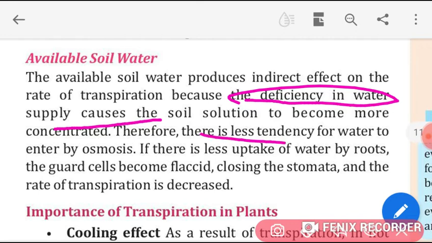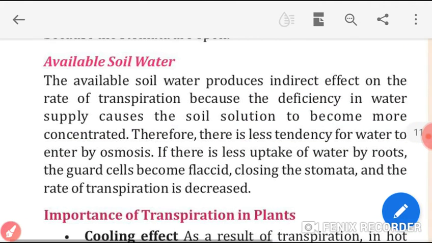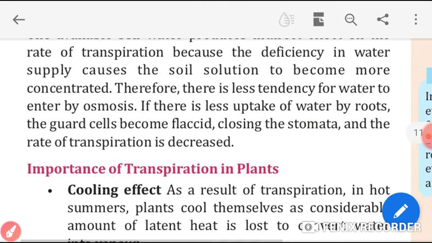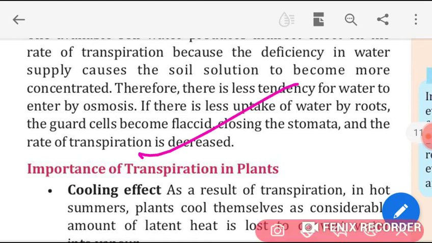Therefore, there is less tendency for water to enter by osmosis. If there is less uptake of water by roots, the guard cells will become flaccid, closing the stomata, and the rate of transpiration will automatically decrease.